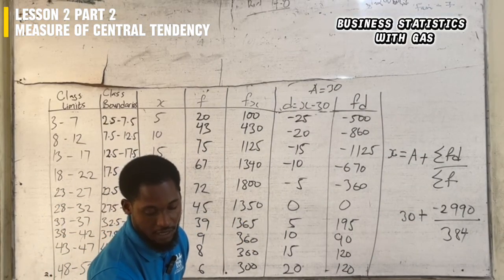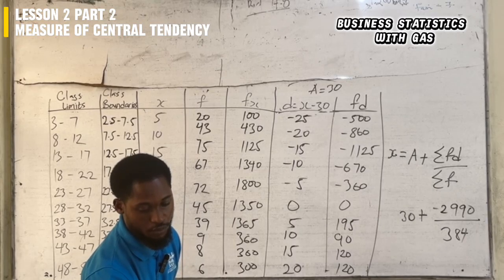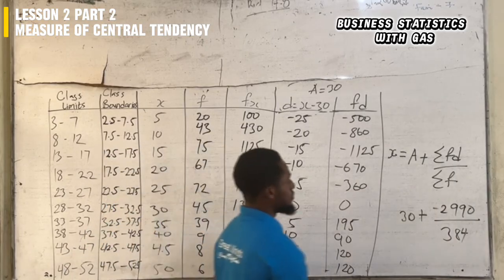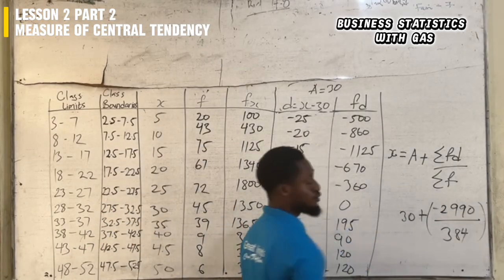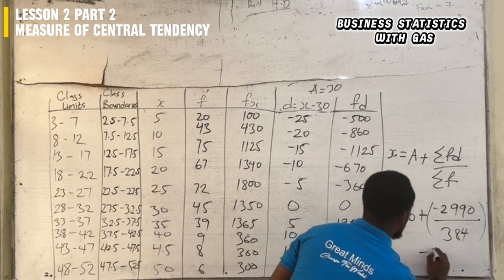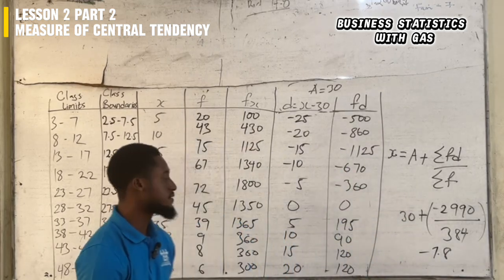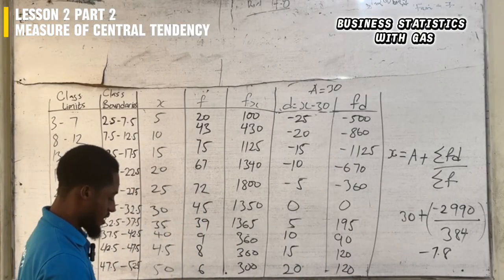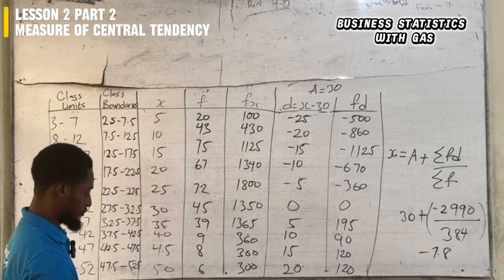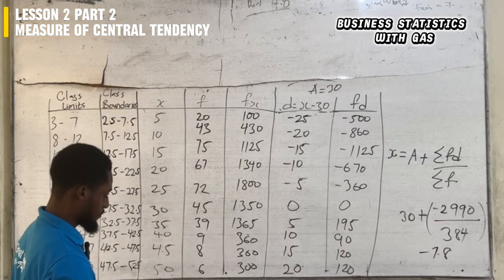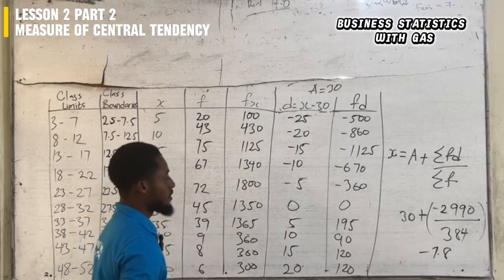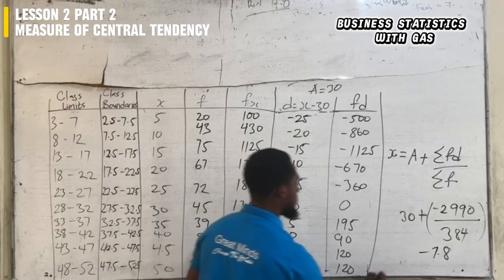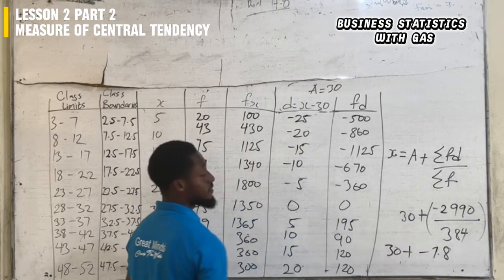And when you are to compute this, you first have to solve for this, and you are getting negative 7.8 when you divide the sigma FD by sigma F.